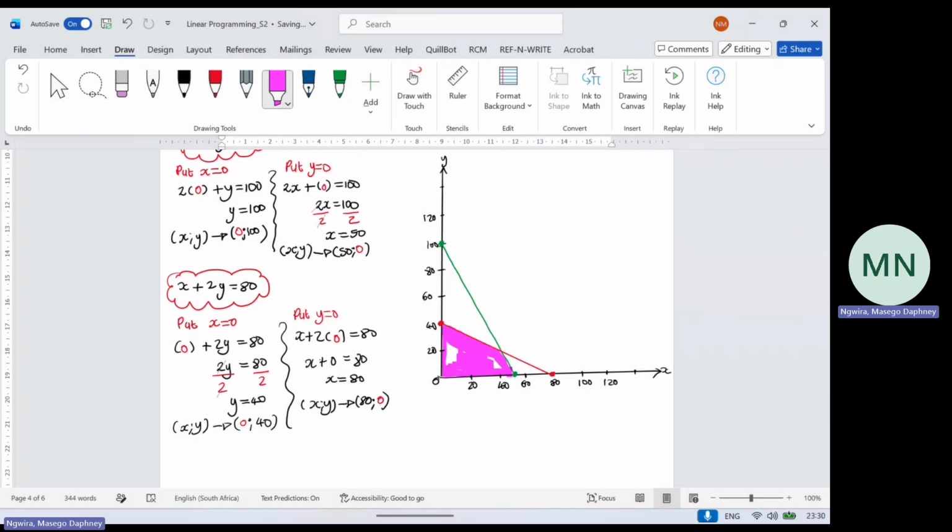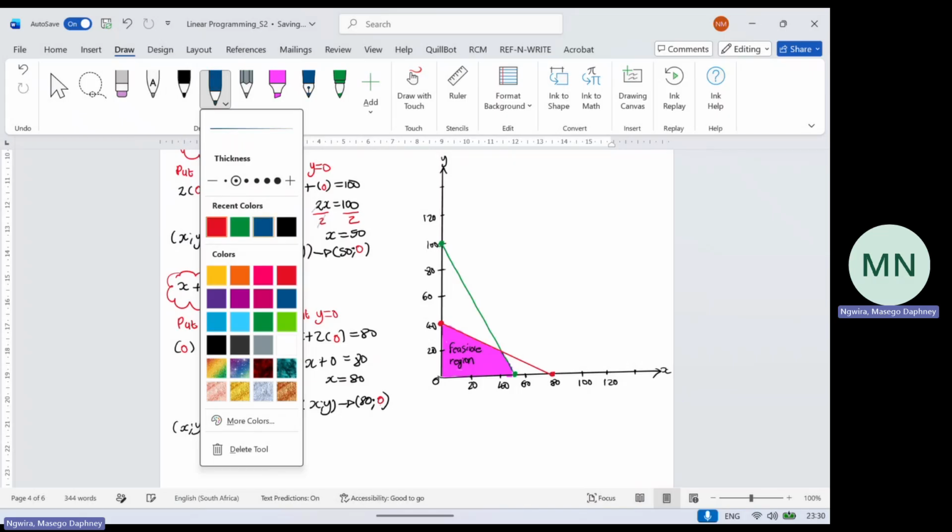Right. Okay. So as I said, this is the feasible region. Okay. This is the feasible region. Okay. And then I said this point is our point of intersection.